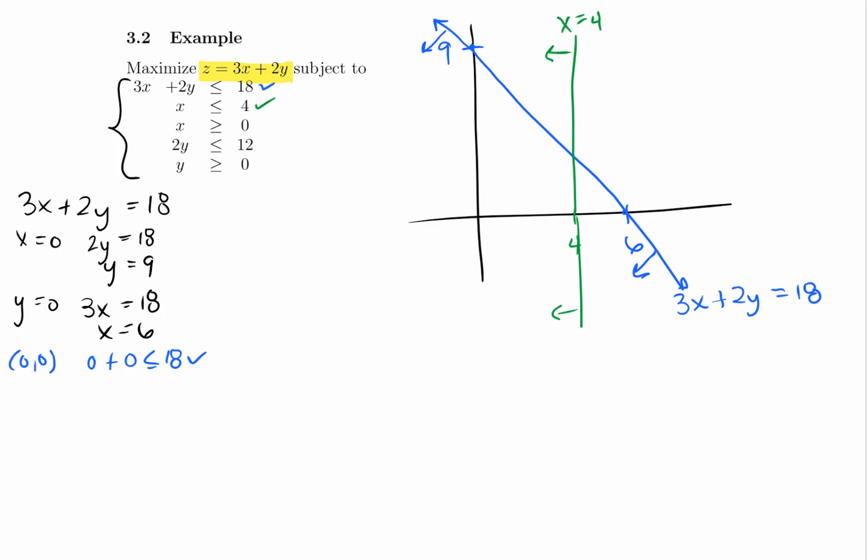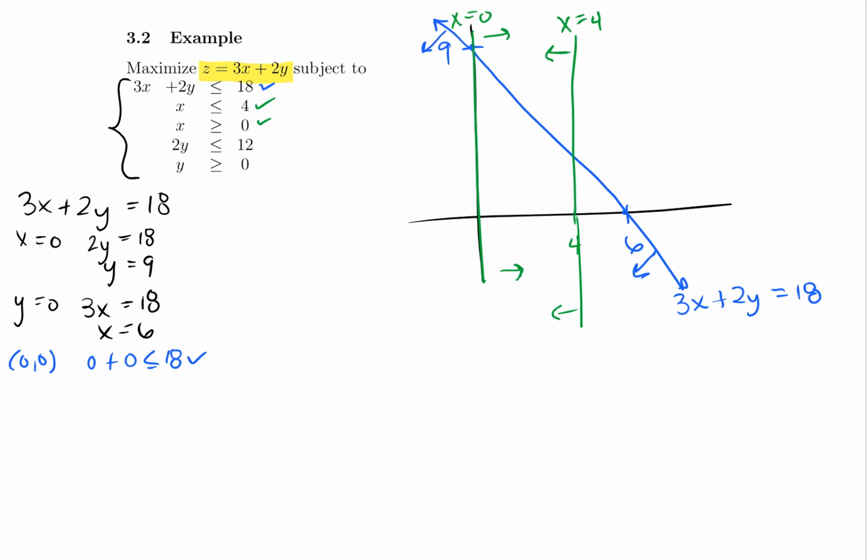And we also have x greater than or equal to 0, so x equals 0 is the y-axis, and we want x values greater than or equal to 0, so our feasible region will point to the right. So far, we can see it looks like the region is probably going to be in between these two vertical lines, and we'll see what the next two feasible regions give us.